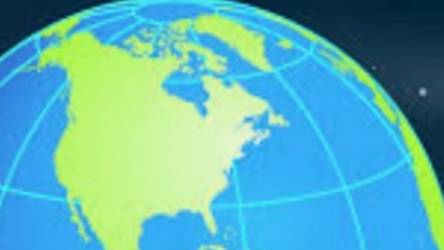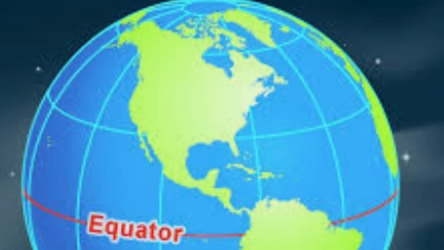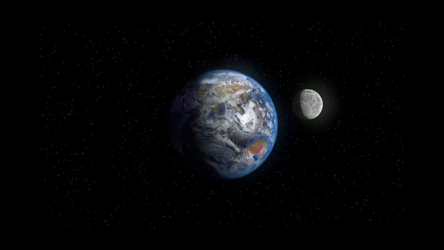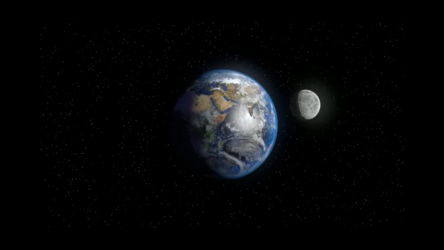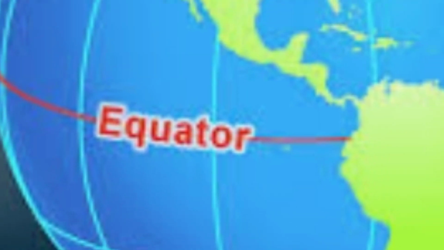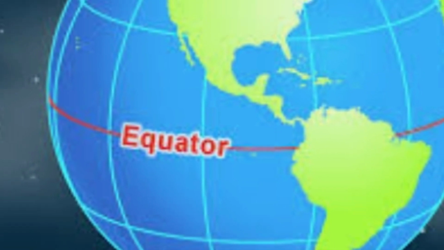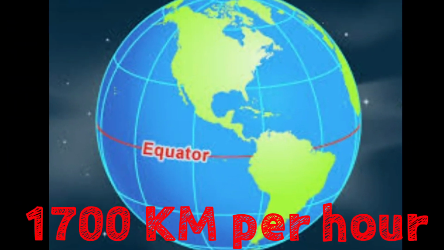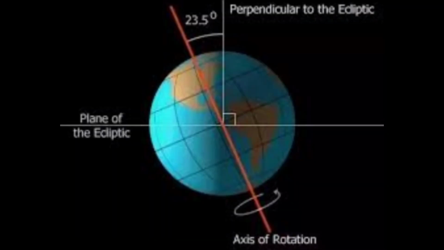Earth is 40,000 km around at its widest part, the equator, because it spins on its axis once in 24 hours. A point on its equator is moving about 1700 km per hour in relation to its axis.